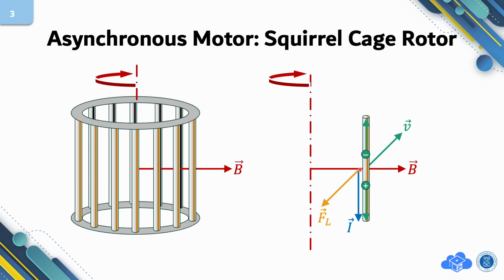Based on physics law, when a bar with current I is moving inside the magnetic field, there will be a Lorentz force in this direction. Then this force will create a torque. This force also occurs on the other side of the rotor bar pointing there, creating a couple with this force, and the amount of torque will be generated.